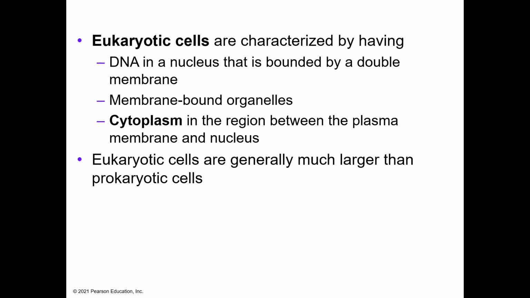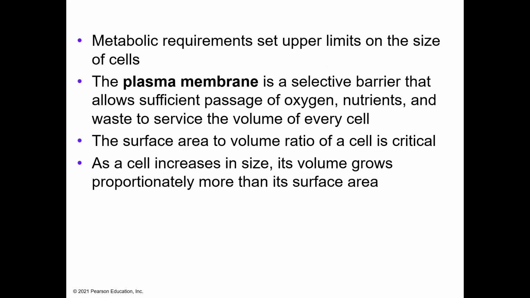So eukaryotic cells are generally much larger than prokaryotic cells. On average, eukaryotic cells are about 100 times bigger than prokaryotic cells. And so, why is there a size limit to cells?